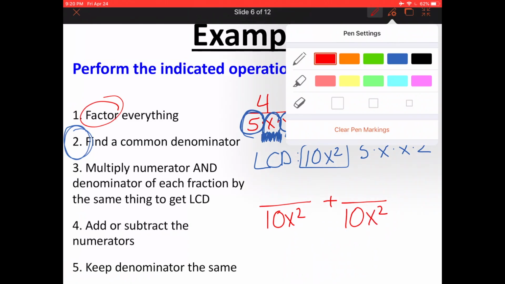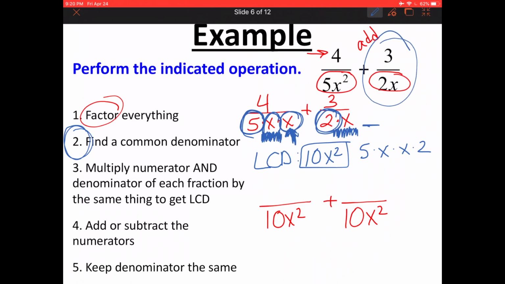So let's go back up to the top with my fraction on the right. How do I get 2x to turn into 10x squared? I have to multiply it by 5x. If you multiply the bottom, you have to multiply the top. So in the bottom, I get 10x squared. In the top, I get 15x.